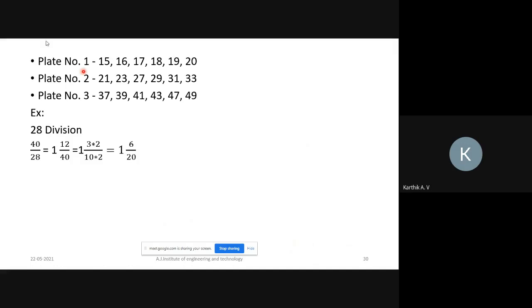This is the standard plate number. Plate 1 is having this many hole circles, plate 2 is having this many hole circles, and plate 3 is having this many hole circles. Suppose you want 28 divisions. Is it possible with the help of the direct indexing mechanism?